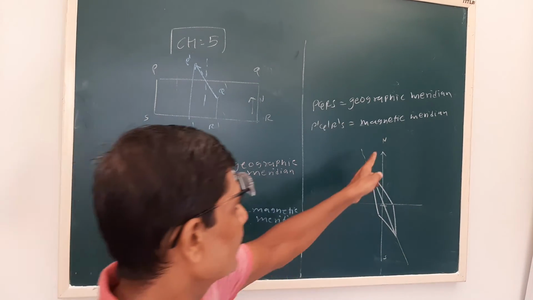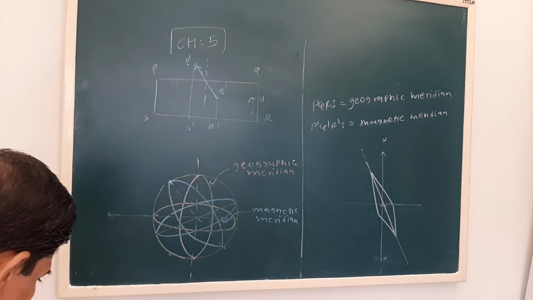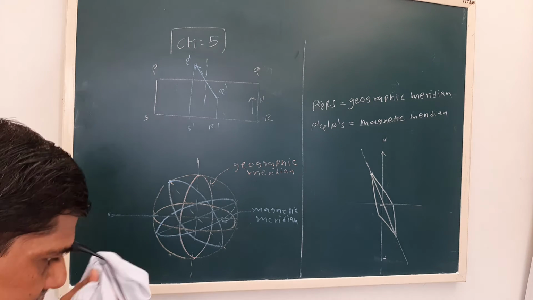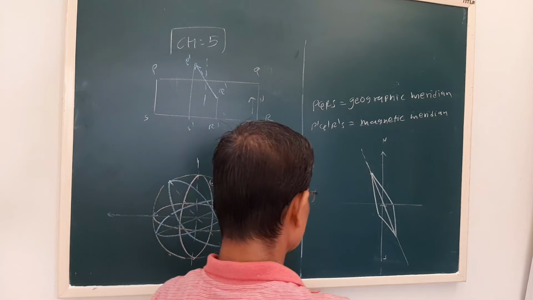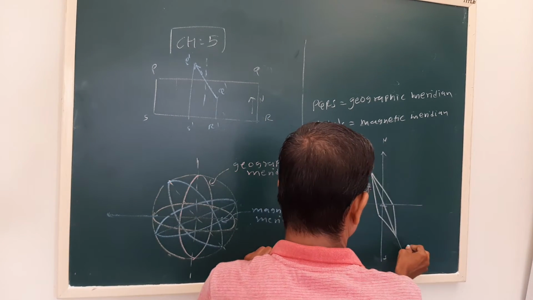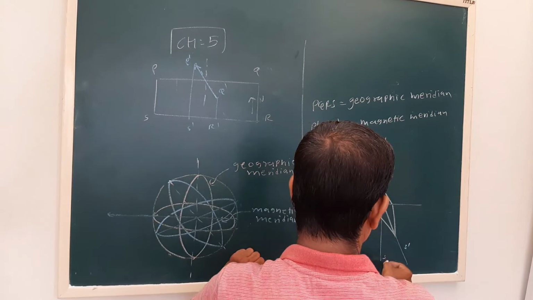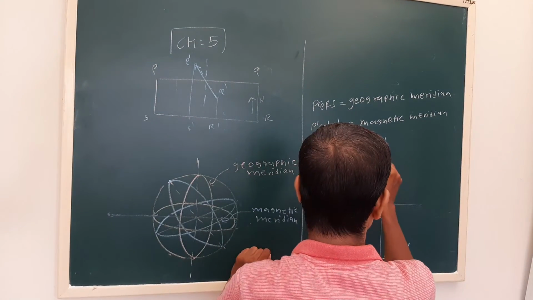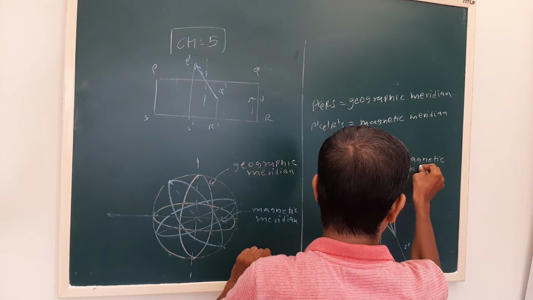This vertical line is the geographic north south, whereas another line, which is shown by the magnetic compass, is nothing but magnetic north and south. This N dash and S dash is our magnetic north south. See, the angle between geographic north south and the magnetic north south is called the declination, or magnetic declination.